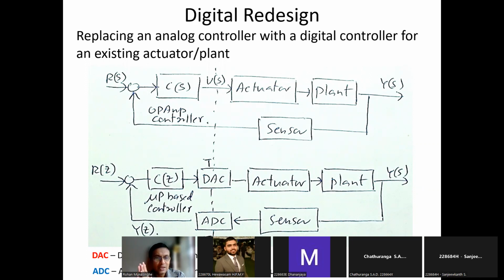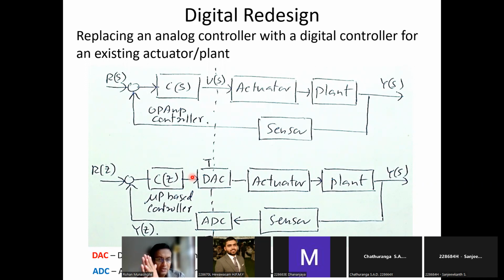So every 1 second, it produces its output over here. And let's say the controller takes 1 millisecond to produce that output. And then from that point onwards, for 999 milliseconds, nothing happens. It is just idling.